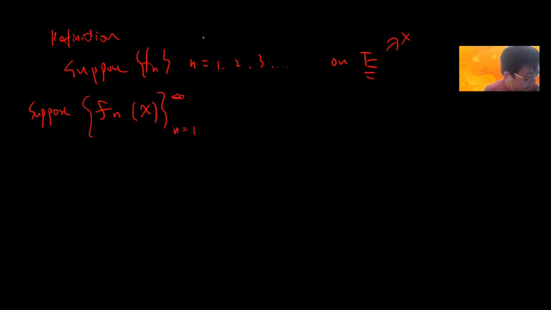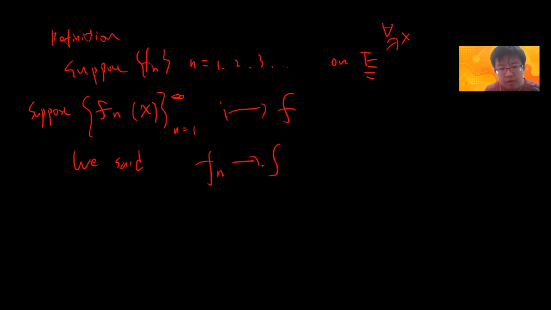If for each x, this f_n of x converges, then we say f_n converges to f. You fix x and you can find f of x. My assumption is that for each x this sequence converges, so I can define f to be the convergence result.